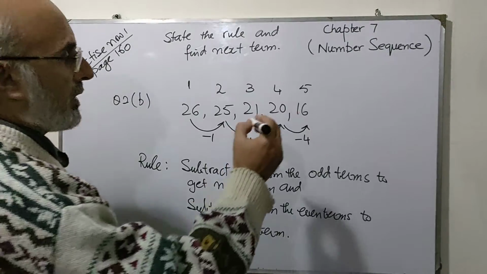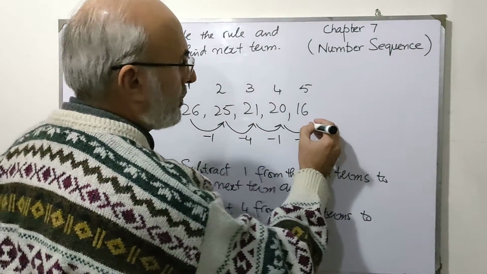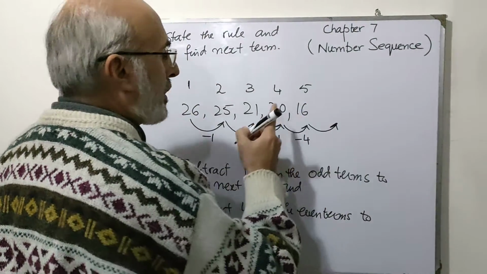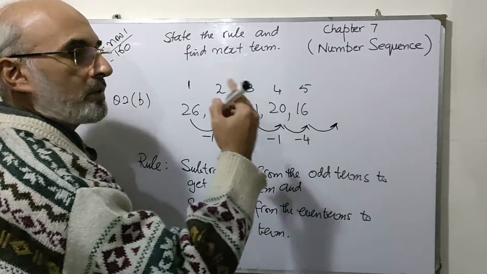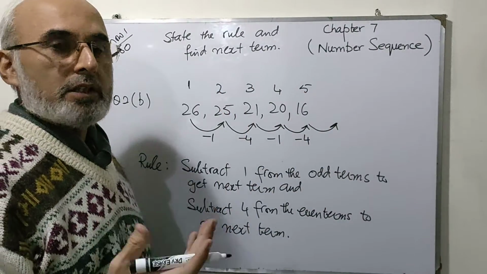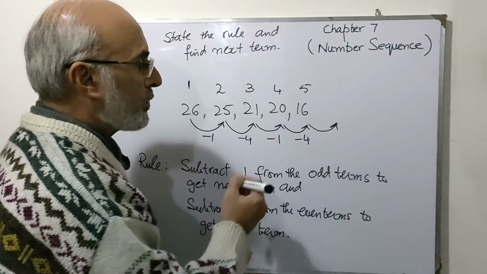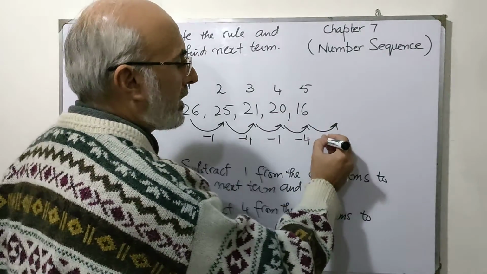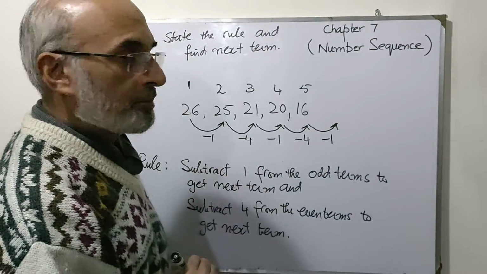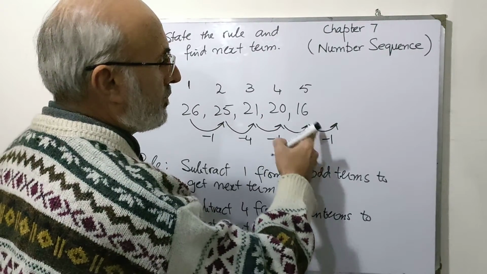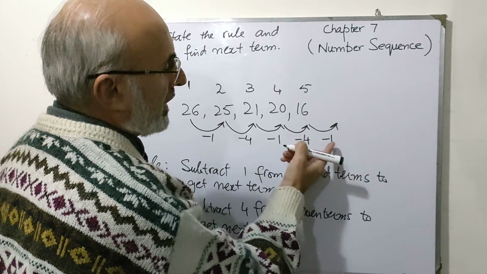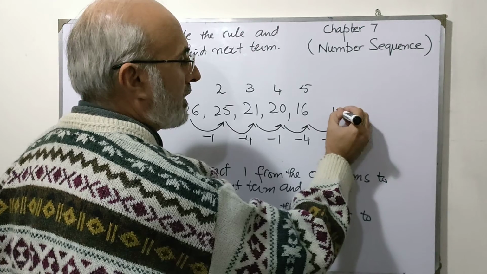Okay? So here, what are we going to do? The order of the next number in the sequence will be 6. So what we are going to do is subtract 1. This is the fifth term, so we subtract 1 and we get 16 minus 1, which is 15.